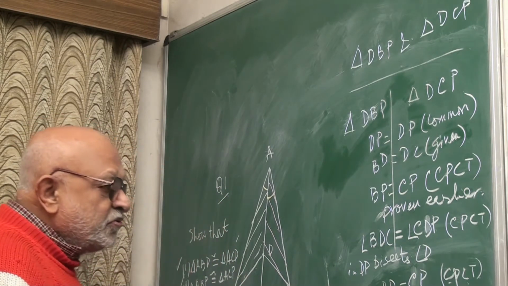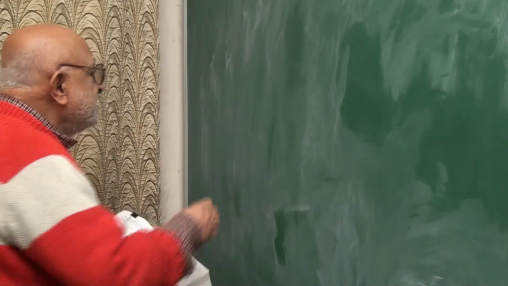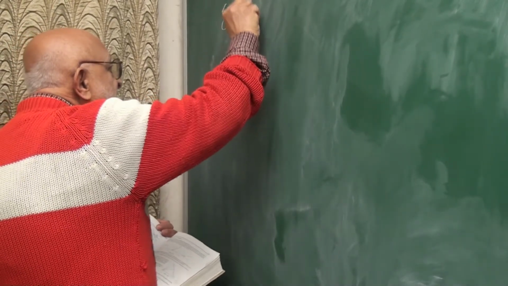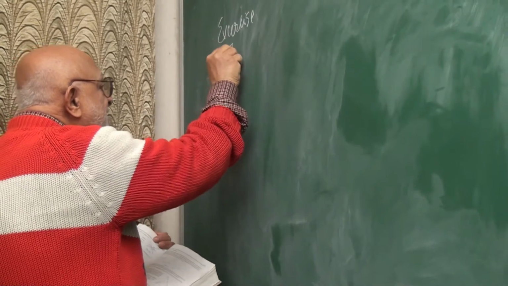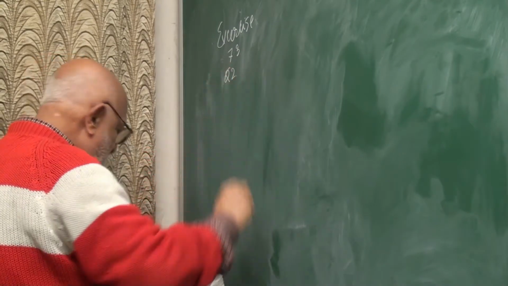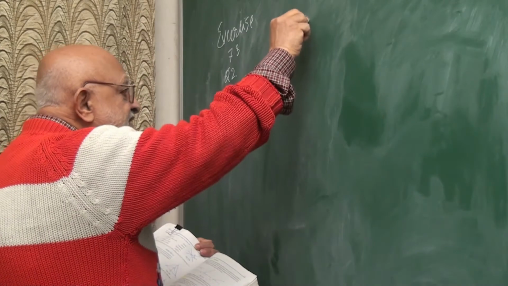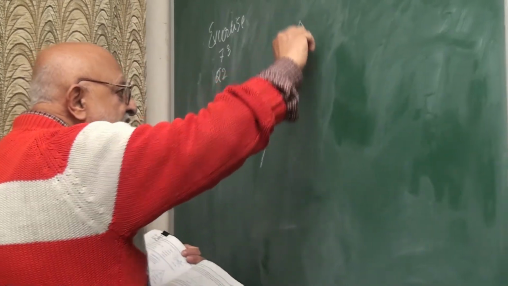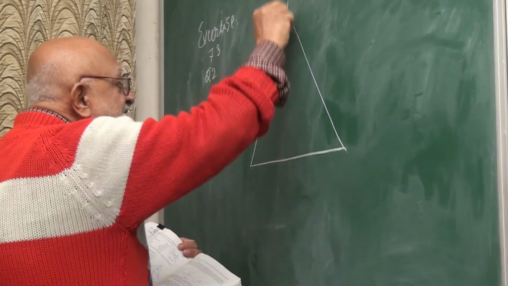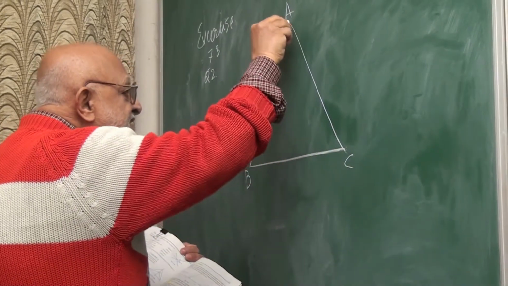We will now continue with exercise 7.3, question number 2. It says this is an isosceles triangle ABC, and AD is its altitude.